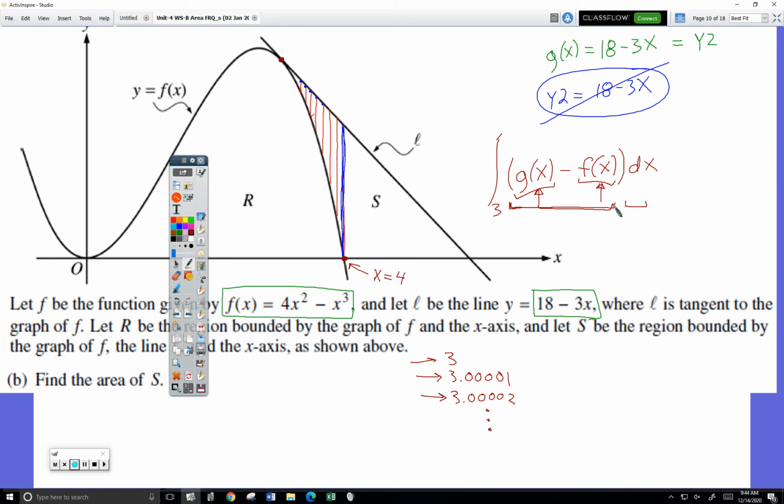Question. Please. Okay. Still a little confused how we got the 3 and the 4. Good question. Are you okay with the idea that this formula will be computing the area of one narrow rectangle? Yeah. Awesome. So all they did is they took their calculator, graphed this, and said, I've got to find where these two touch.